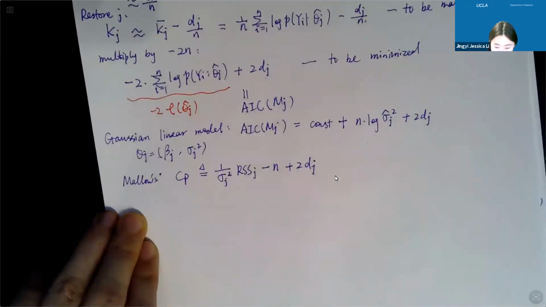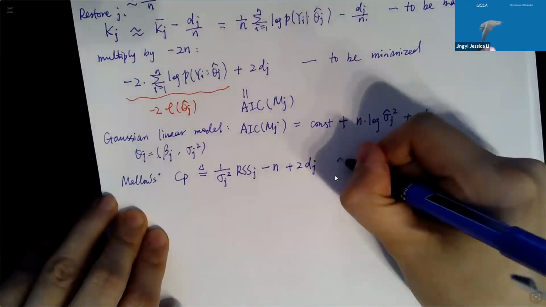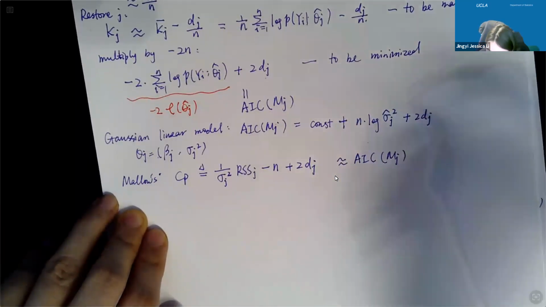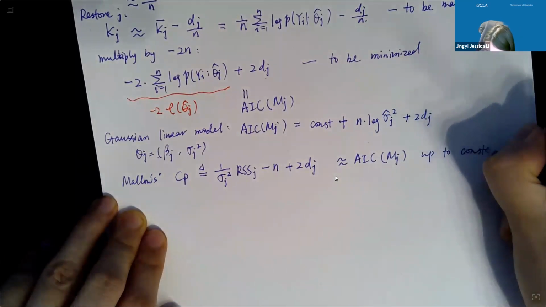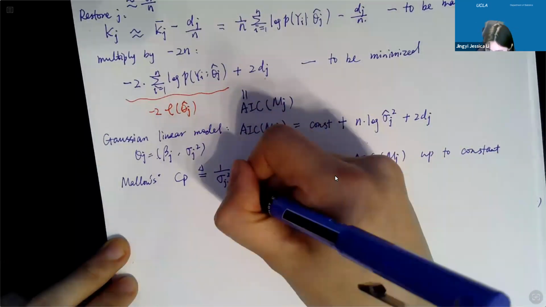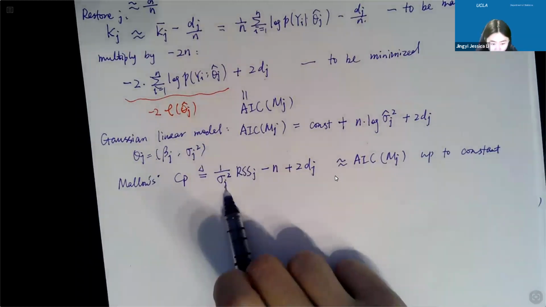Okay, and this is actually approximately AIC MJ, up to constants. So we have to ignore some constants, but we keep the key terms, and they are approximately the same. So what we want to say is that this sigma j square, or I would say here, it's not, this is something we don't know, right?